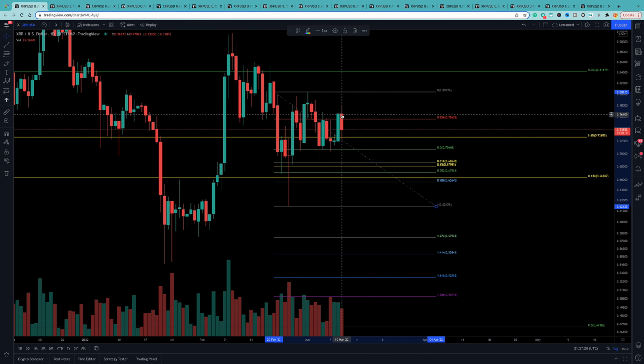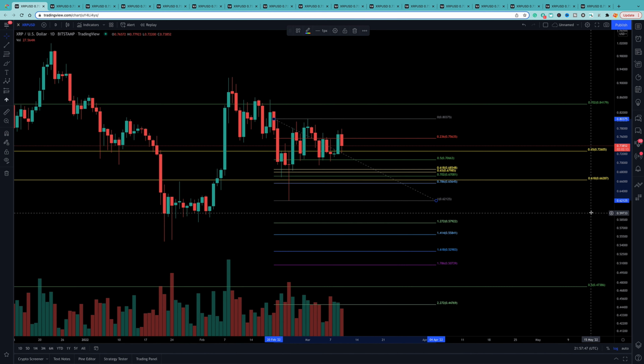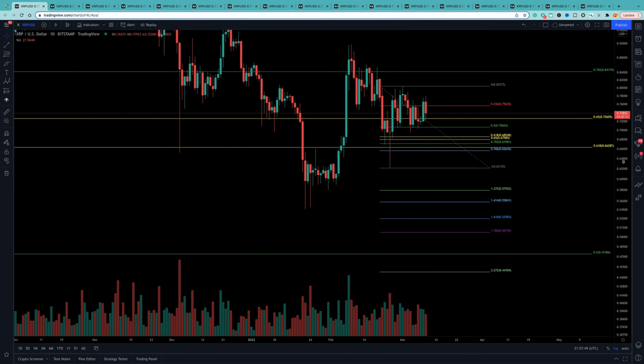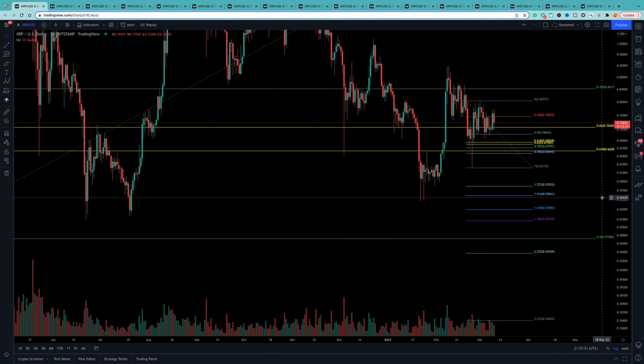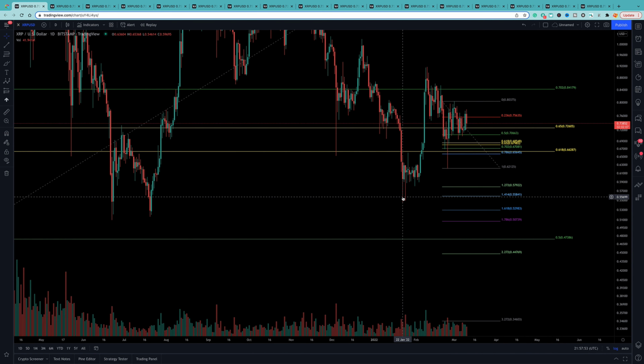So now the 786 correction on this is 66, 65, 66, yeah. So it hasn't happened yet. So most likely our 3 days of red candles are going to come down and hit the 786. It may come down and want to come closer to the 414 or the 618.